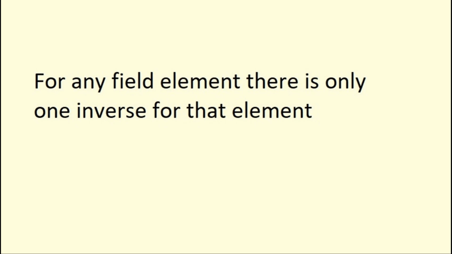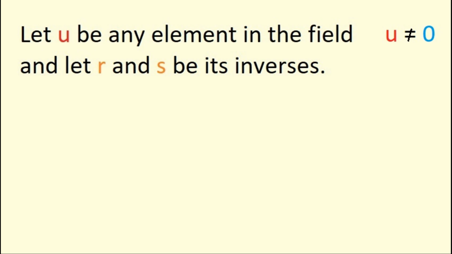Here is a proof that there is only ever one inverse for any non-zero element. Here we'll define our variables. U is any non-zero variable in the field we can have. 0 has no inverse.